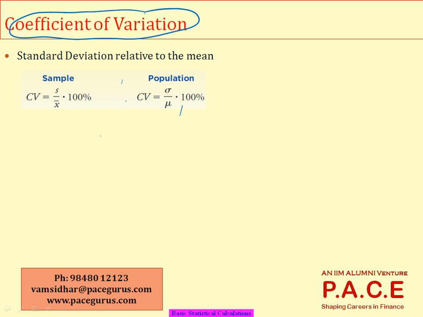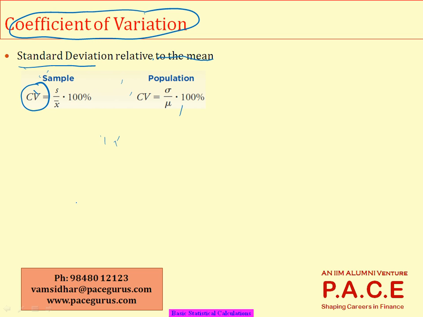Coefficient of variation is the standard deviation relative to the mean. Take the standard deviation by mean into 100 and arrive at the coefficient of variation, and then compare at the coefficient of variation level, not just at the standard deviation level.